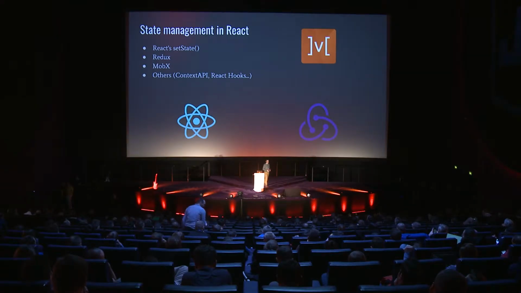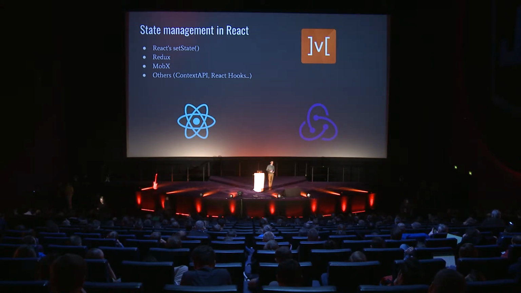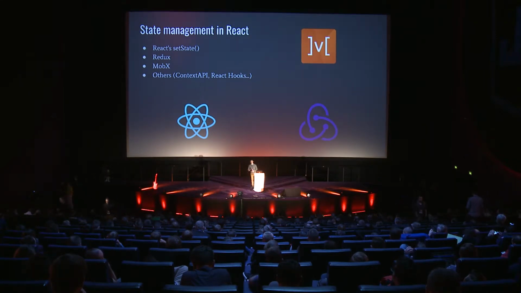The two biggest of those are, first, Redux, which promotes immutability and one-way flow, one-way direction of data. And the second one is MobX, which is more automatic, it's reactive, and it promotes something called derivations from your data. We will take a look at what that means later. And you also have other options, like using the context API from React, or something just announced called React hooks.